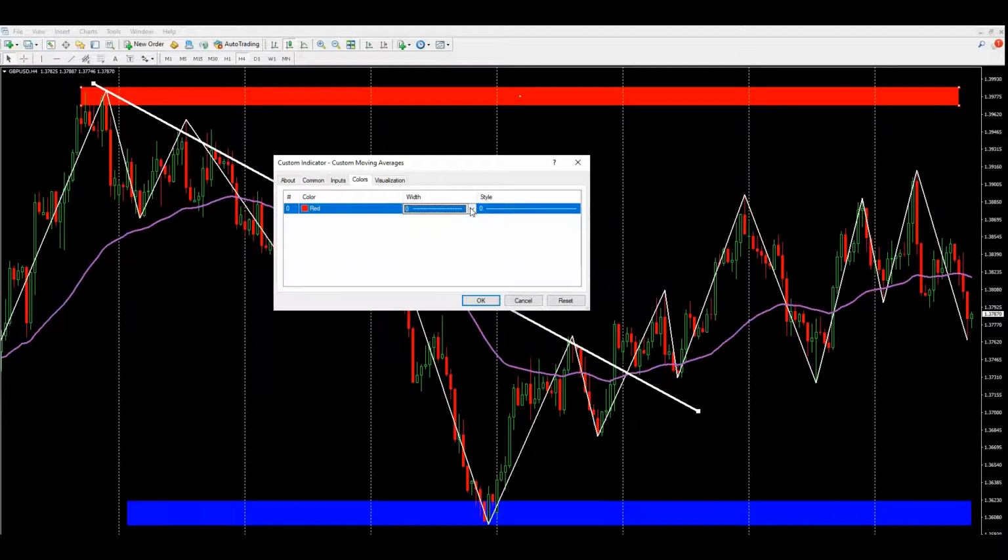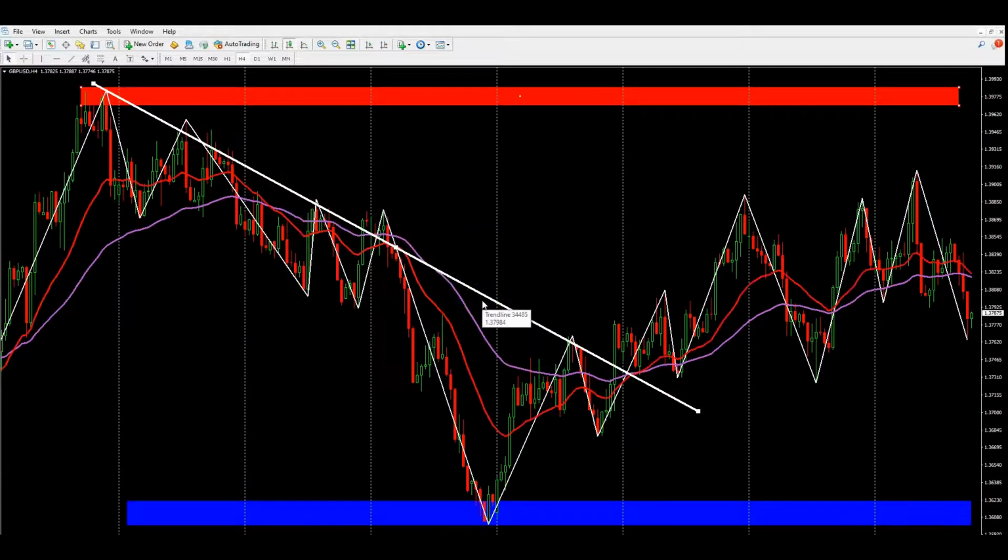If you can't really see the line, double click it and set it to the color and size you want. I'm going to select number 3. Now you see the red can act as your resistance line, because this is at the top, price is underneath this red line.